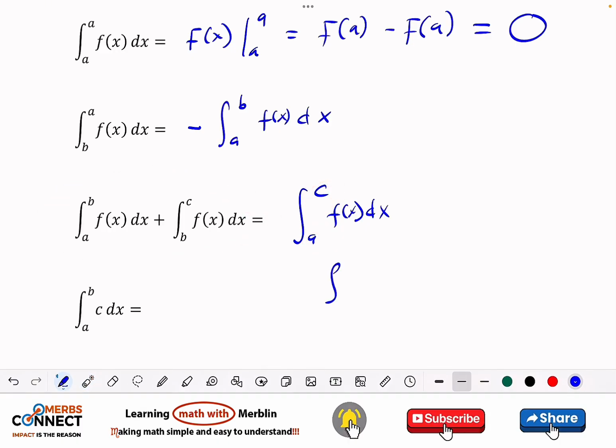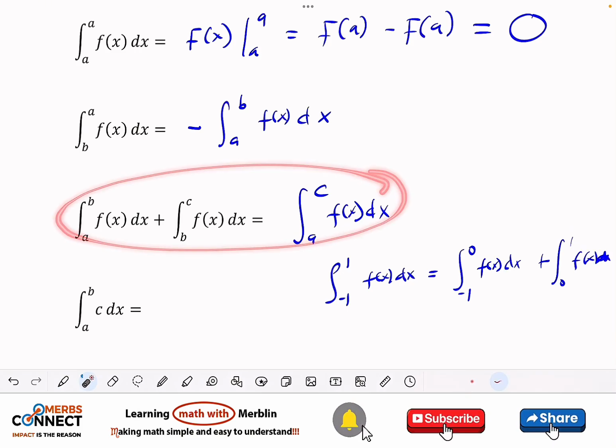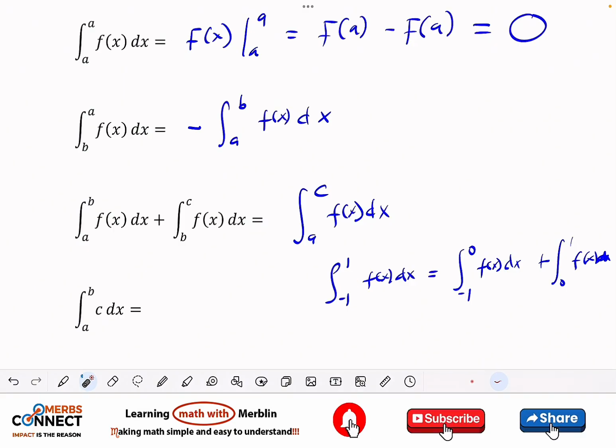For example, if I have the integral from minus 1 to 1 of f of x dx, then I can write this as the integral from minus 1 to 0 of f of x dx plus the integral from 0 to 1 of f of x dx. That's basically what we are talking about here. We can pick a number which is between minus 1 and 1 and then use it to do the integrals.